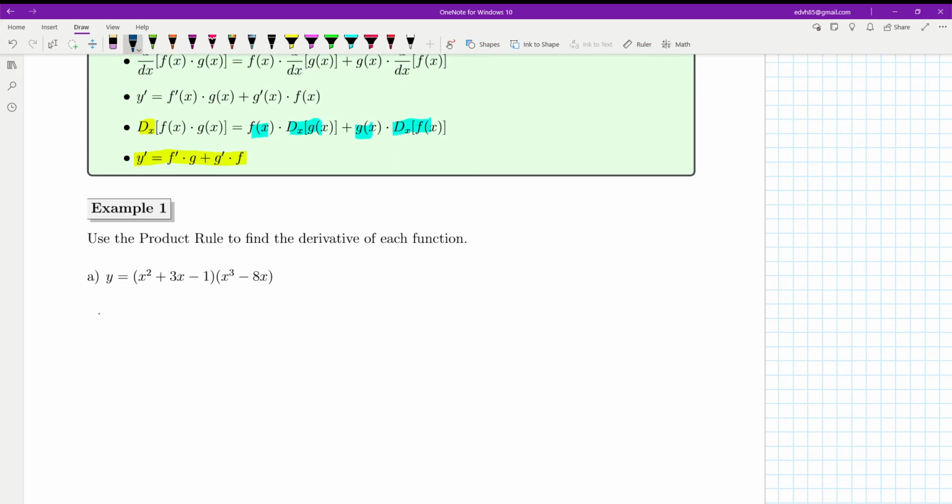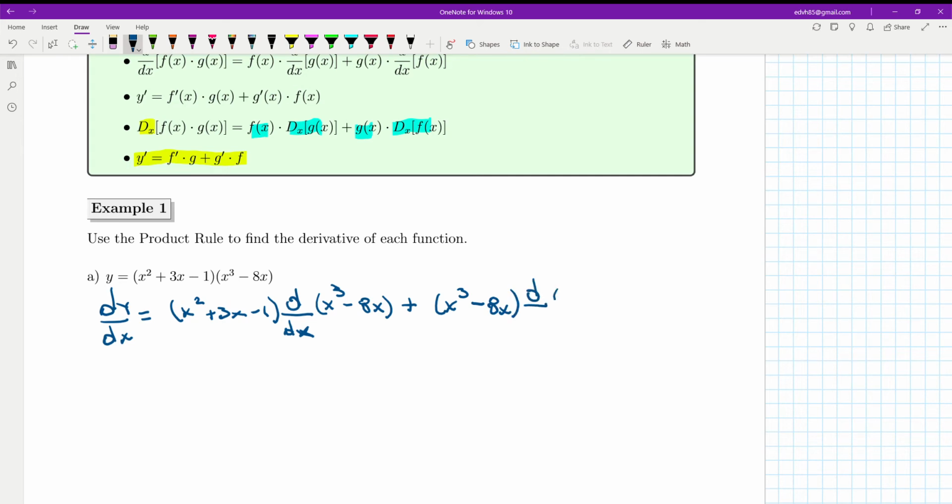So dy over dx equals, okay, it's going to be the first function itself, x squared plus 3x minus 1, times the derivative of x cubed minus 8x with respect to x, plus the second function itself, x cubed minus 8x, times the derivative of the first factor, x squared plus 3x minus 1, with respect to x.